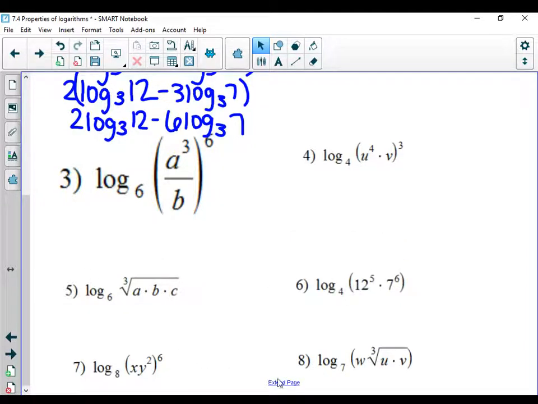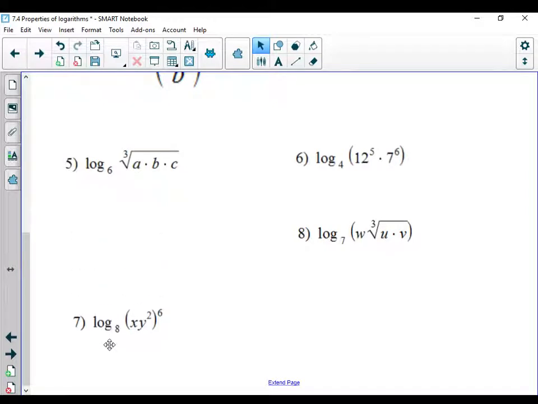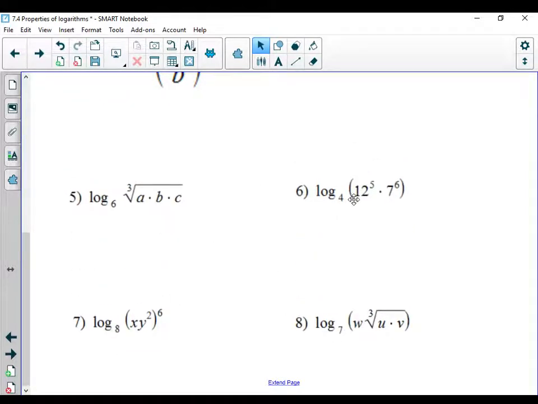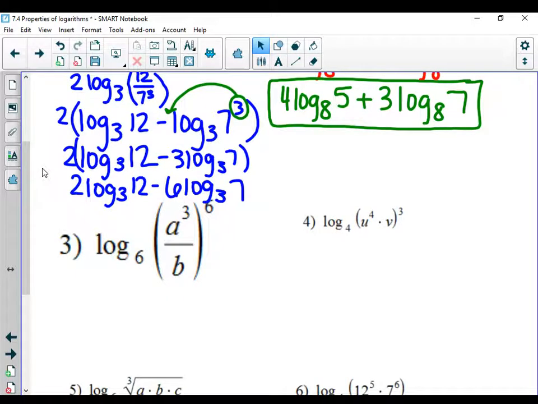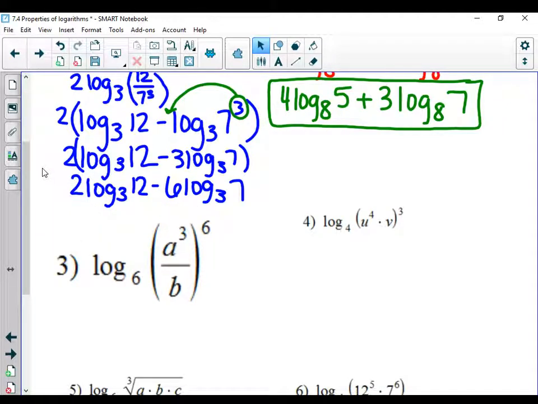For some reason, I didn't give myself enough space with these, so that's why I'm having to do this. And since I'm recording it, I was using the whiteboard in the other class. Okay, go ahead and try 3 and 4. And that's the 6. There we go.